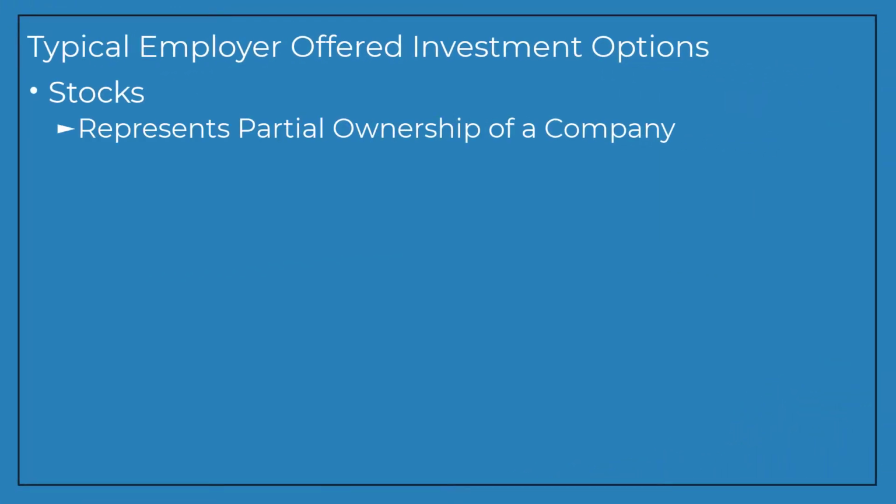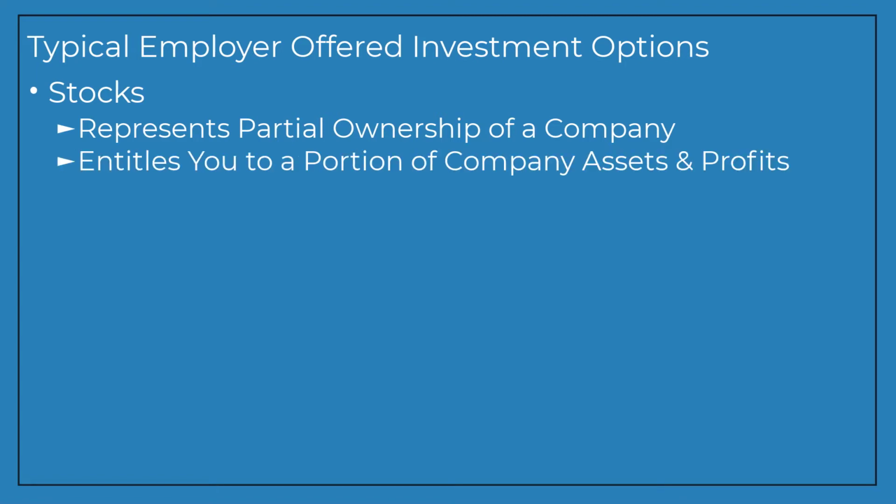Now, the last investment I want to talk about is stocks. Stocks represent partial ownership in companies and entitle you to a portion of the company's assets and their profits. Unlike bonds, however, where a periodic fixed payment is received, owners of company stock are actually compensated in one of two ways.